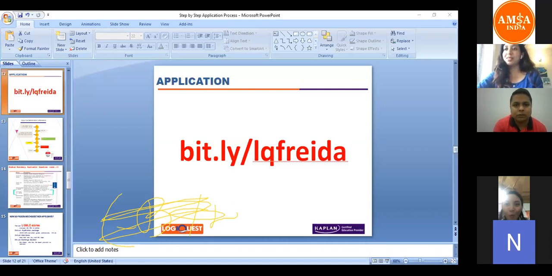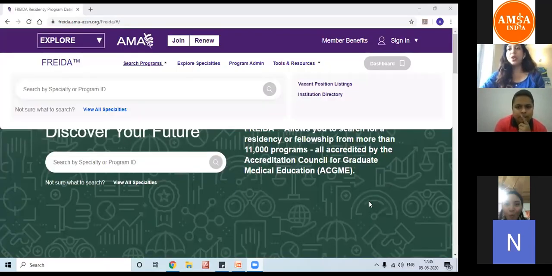It says your sharing is paused. Can you try resharing the screen? Stop sharing and reshare. Okay, 1 second, I'll just do a new share. Okay, now it's visible.